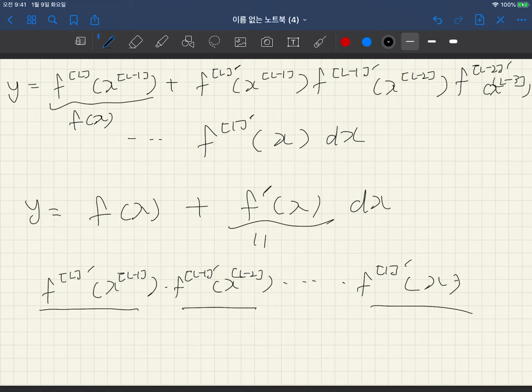Okay, so this looks like a kind of chain reaction. One tiny movement of the input will be multiplied sequentially by the derivative of each function. This is called the chain rule for the composition of functions, and it will be the basis of the backpropagation algorithm for neural networks.